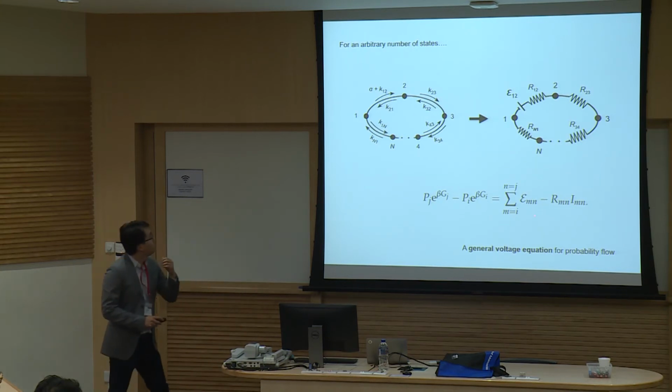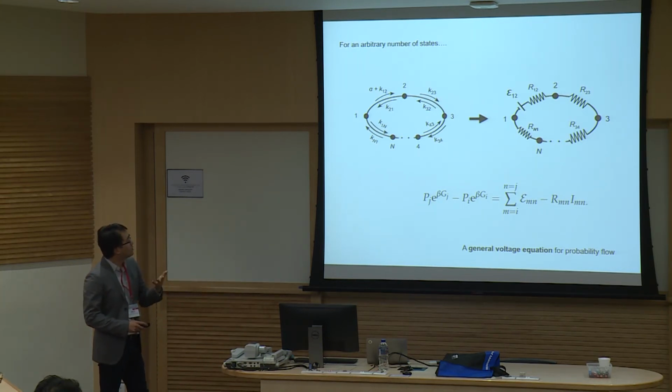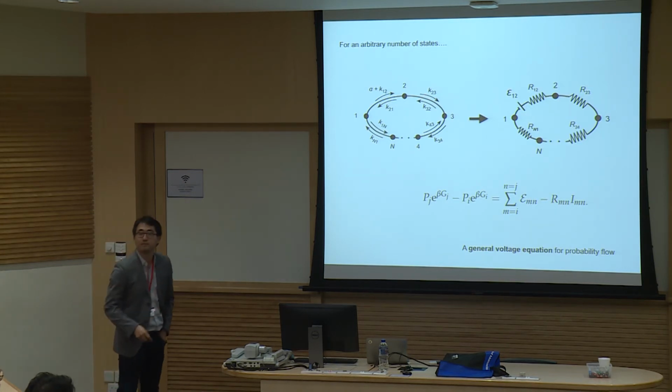Okay, so what's useful about this is that now, with this definition, if you go from any state to any other state, the potential difference is equal to the battery drop, which is the number of transitions that you directly drive, given by that equation I just told you, minus the resistance times the current along the path.